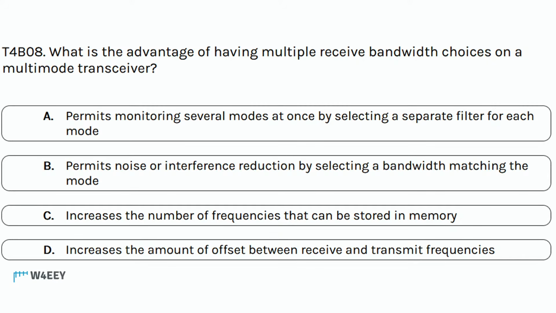So what is the advantage of having multiple receive bandwidth choices on a multi-mode transceiver? Bravo. Permits noise or interference reduction by selecting a bandwidth matching the mode. You get the best signal to noise ratio.